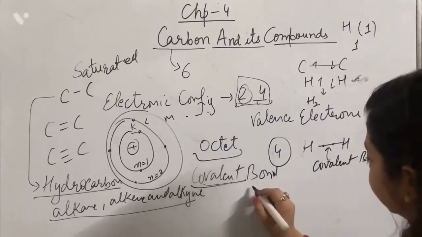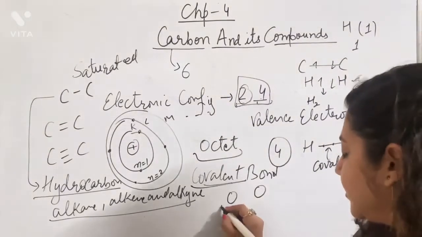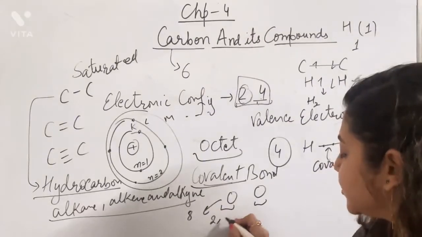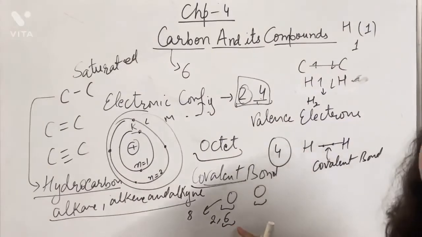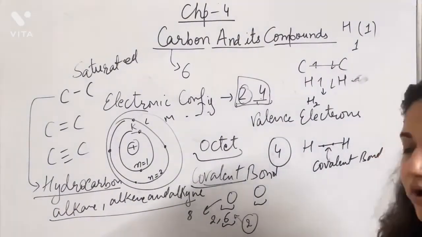Similarly, if you look at the oxygen molecule, we have oxygen atoms with atomic number 8 and configuration 2, 6. So we can see we have 6 valence electrons in case of oxygen. So oxygen needs 2 electrons to complete its octet.